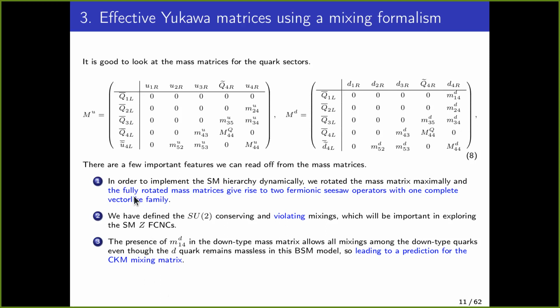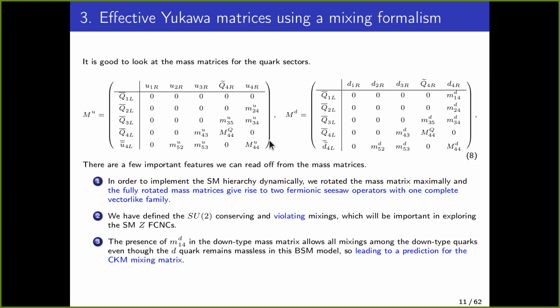here we can systematically make them massive by introducing one more vector-like family. But for the reason that we want to make our analysis as economical as possible, we just regard the first generation as a massless particle. But we can make them massive by introducing one more vector-like family.